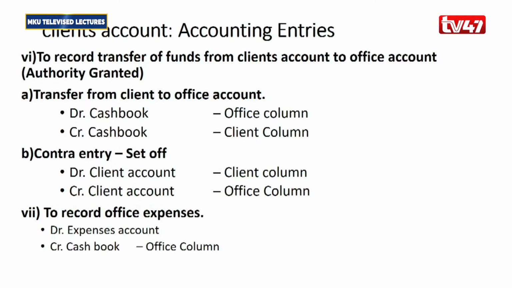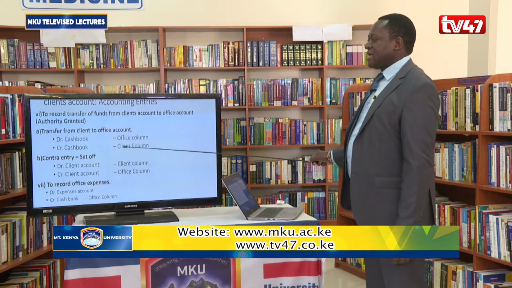When you have been granted authority to transfer money from the client to the office, you go to the cash book and debit it in the office column, and then you credit the cash book again on the client column.